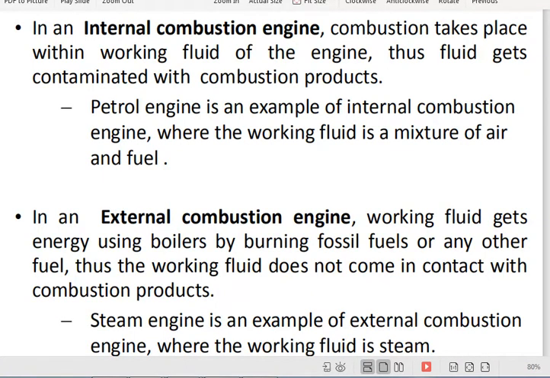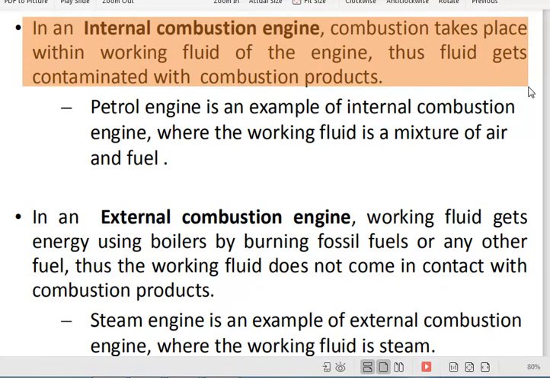Now in an internal combustion engine, the combustion takes place within the working fluid of the engine, and thus the fluid gets contaminated with the combustion products. So this is the basic definition of an internal combustion engine. It is an engine where the burning of the charge, that is the working fluid, or what we can call the air and fuel mixture, takes place within the cylinder of the engine, and thus the combustion products are also formed in the cylinder.